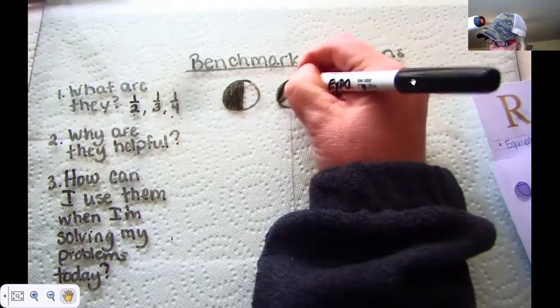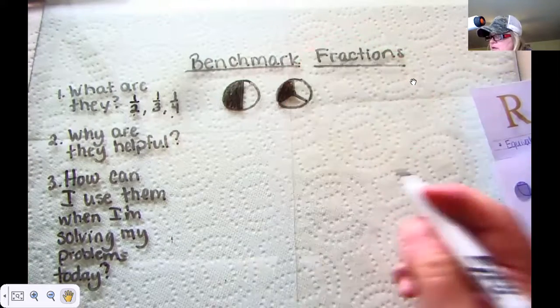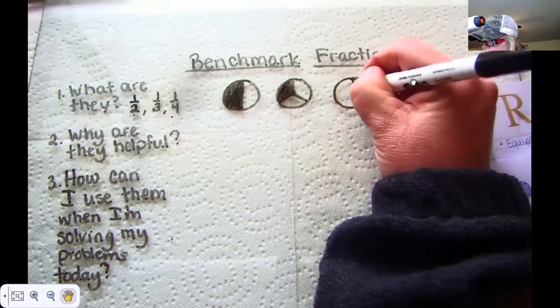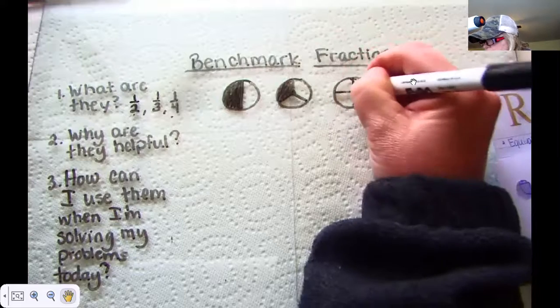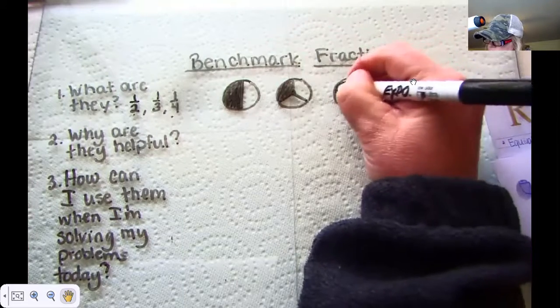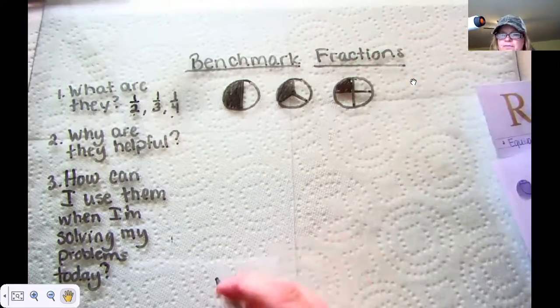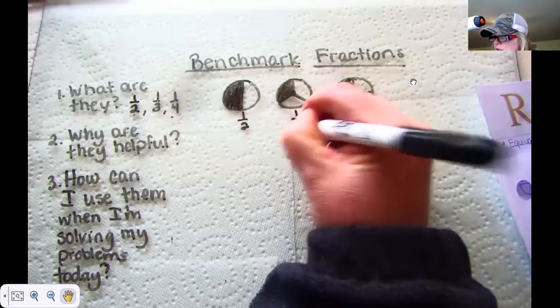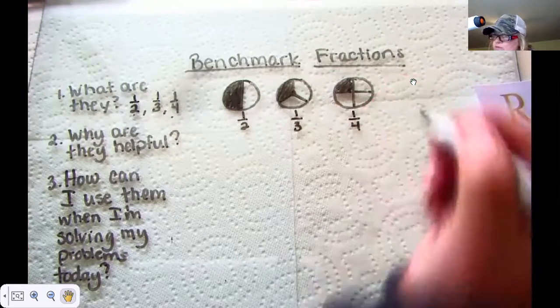There's 1/3 of that whole. And then here's 1/4: divided in half, split my halves into fourths, and there is 1/4. So 1/2, smaller 1/3, even smaller still 1/4.